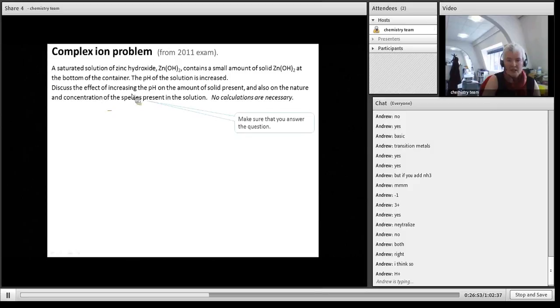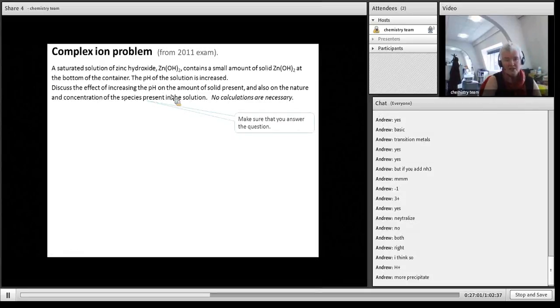Discuss what you, although it doesn't say it particularly clearly here, you have to talk about Le Chatelier's and so on, and you also have to talk about what you'd see. Now, Andrew, more precipitate, that is correct in the first instance. Why do you get more precipitate?